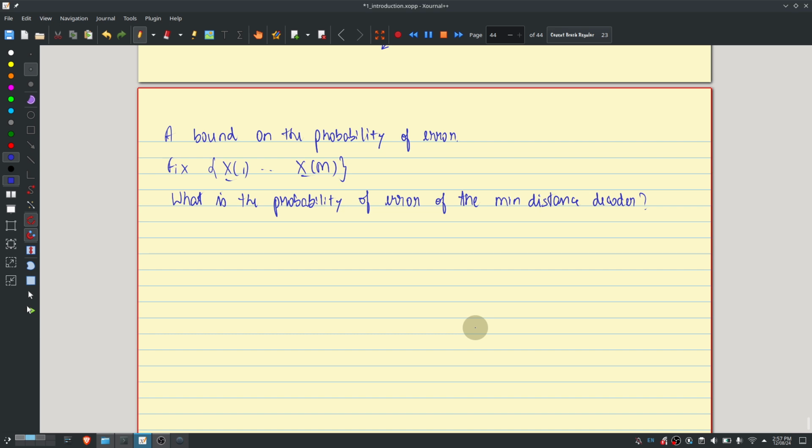Okay, so what would be the probability of error of the minimum distance decoder? Suppose that I transmitted message I. What is the probability that it is received in error?